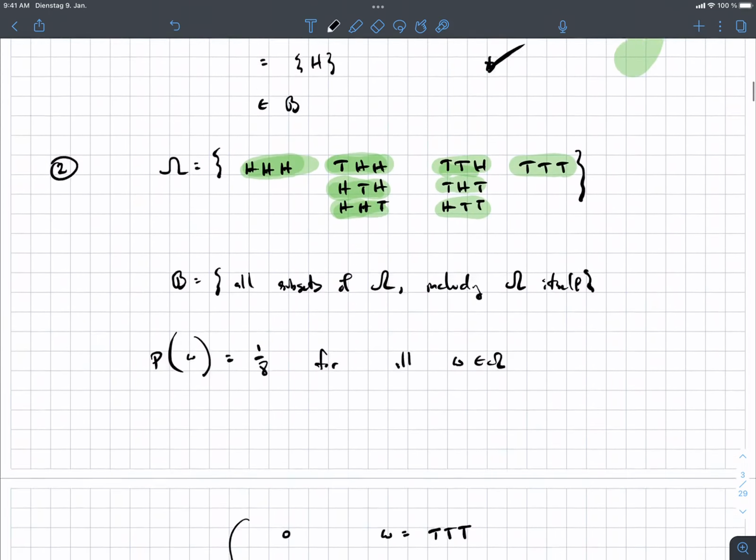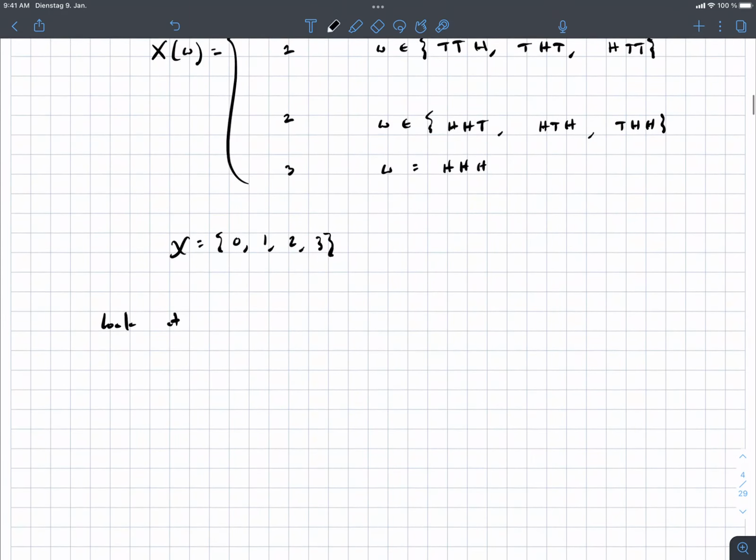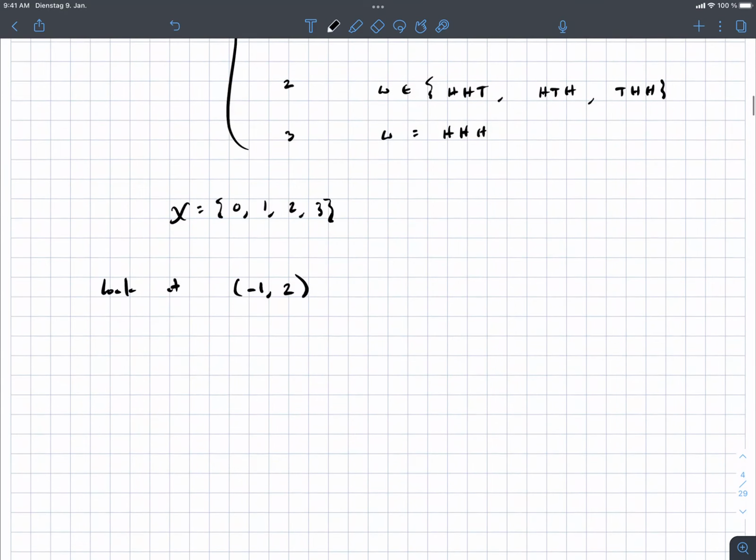So just to illustrate this idea, take an interval, let's take -1 up to 2. And let's look at what we could call the pre-image or x inverse of this set. This is all the omega, all the outcomes in the sample space, which would give me a value of my random variable in that interval.